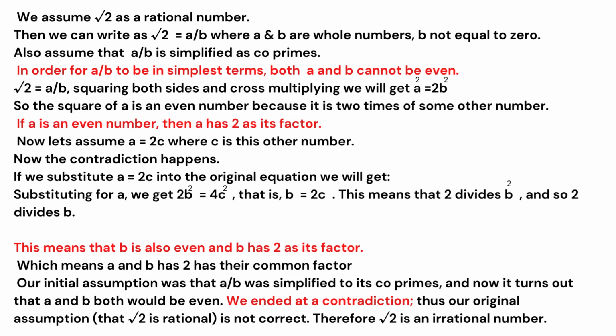So now we have arrived that a and b have 2 as their common factor. Our initial assumption was that a by b was simplified to its co-primes, and now it turns out that a and b both would be even. Now we ended at a contradiction to our initial assumption. Thus our original assumption that square root of 2 is rational is incorrect. Therefore, square root of 2 is an irrational number.